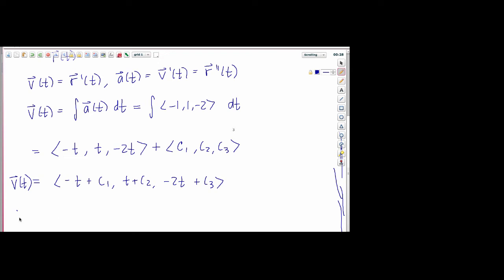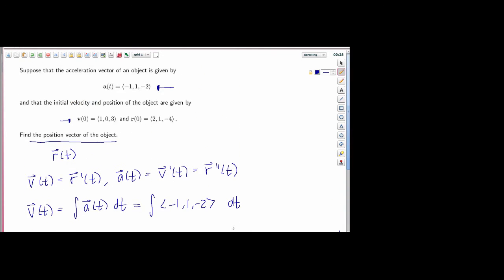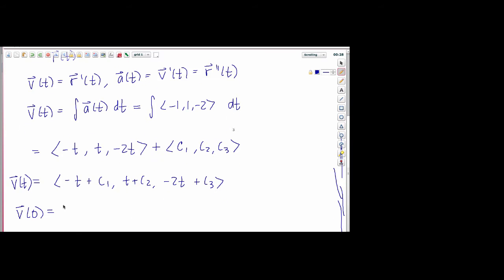Now in this case, we know our initial velocity, so we know the velocity at time 0 was given to us to be the vector <1, 0, 3>. So our velocity at time 0 was <1, 0, 3>, and I can use that to solve for the c's. So if I take the expression that we found for v(t) and plug in t equals 0, we get c1 in the first component, c2 in the second component, and c3 in the third component.